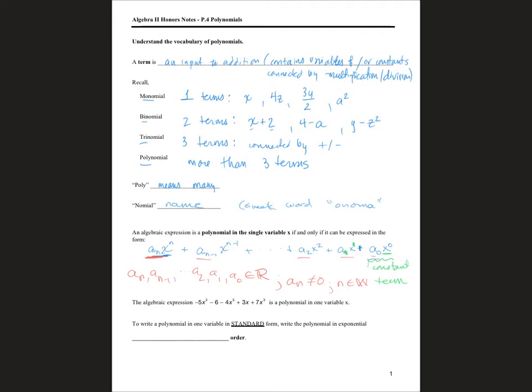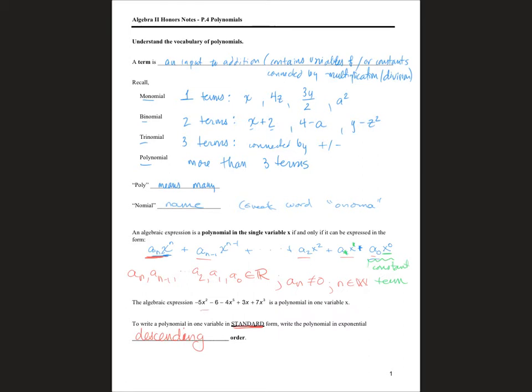So if I give you an algebraic expression, the first thing you're going to want to do is put it in standard form. To write it in standard form, we're going to write it in exponentially descending order. So we want those exponents to go from largest to smallest.